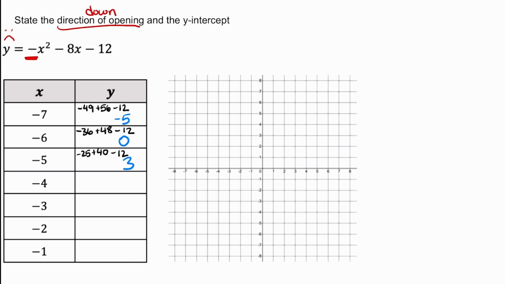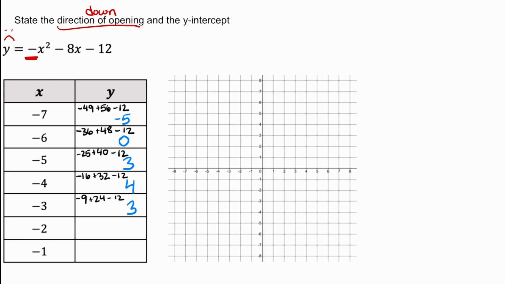-4 squared is 16, times -1 is -16. -4 times -8 is 32, minus 12. So our value from that is going to be 4. -3 squared is 9, times -1 is -9. -3 times -8 is going to be positive 24, and then minus 12. So the value for that is going to be 3.